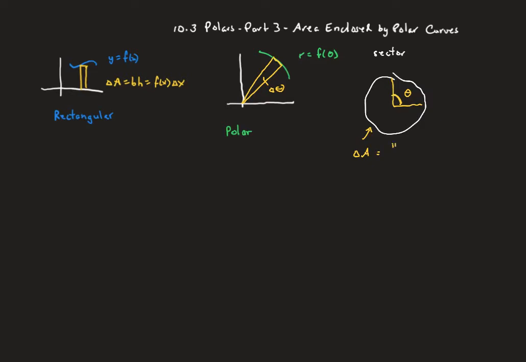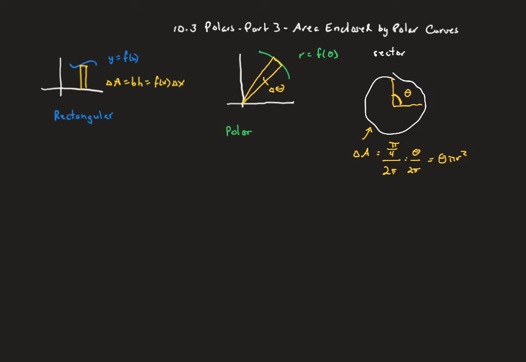But we would take the angle that we have, theta, divided by what the whole circle would be, which in radians is 2 pi, and then times the area of the whole circle, pi r squared. So a delta area here is pi over 4 over 2 pi, that's a fourth of a circle, multiplied by pi r squared, the area of the whole circle.